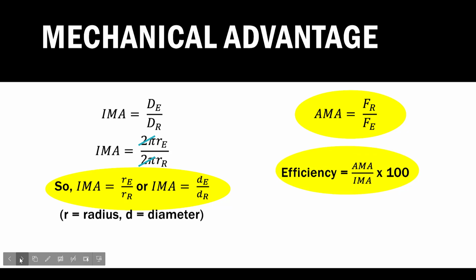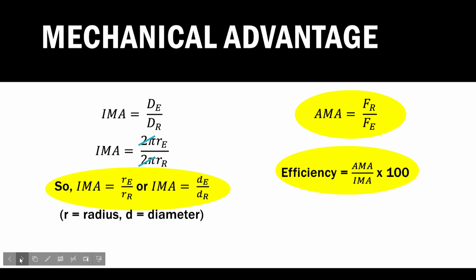So those are our 3 very important sets of formulas that we're going to use to calculate mechanical advantage and efficiency for wheel and axle. Now, we're going to see some different examples this time. When we did the lever, we calculated IMA, AMA, and efficiency.